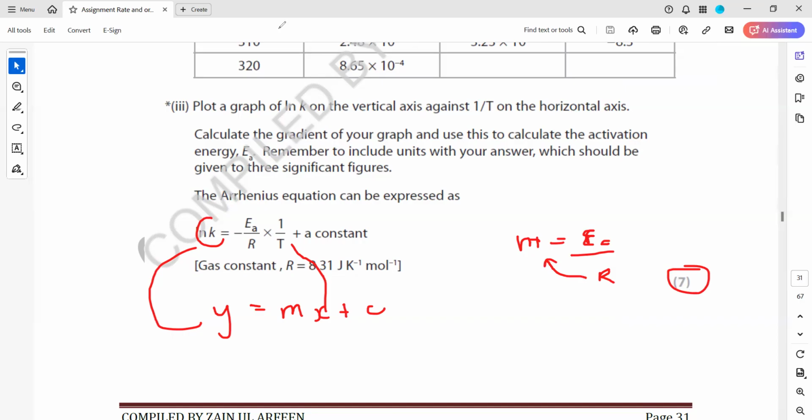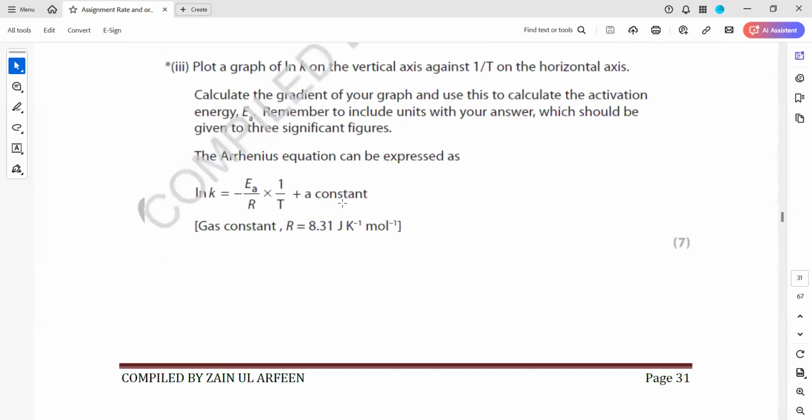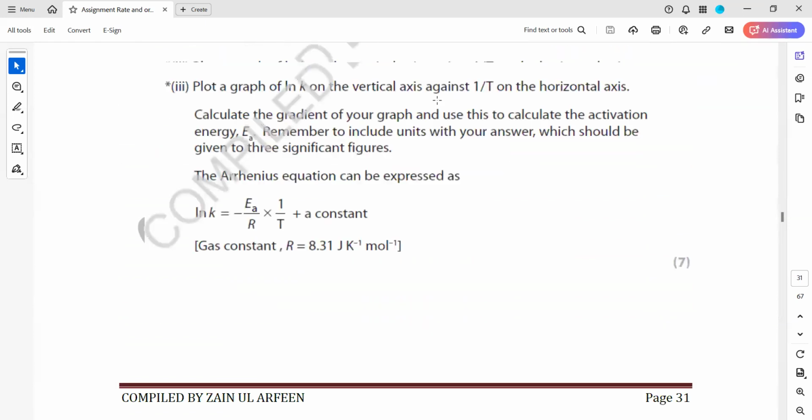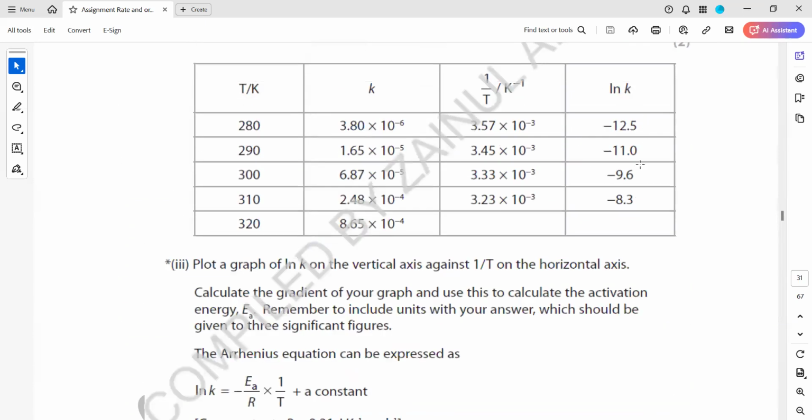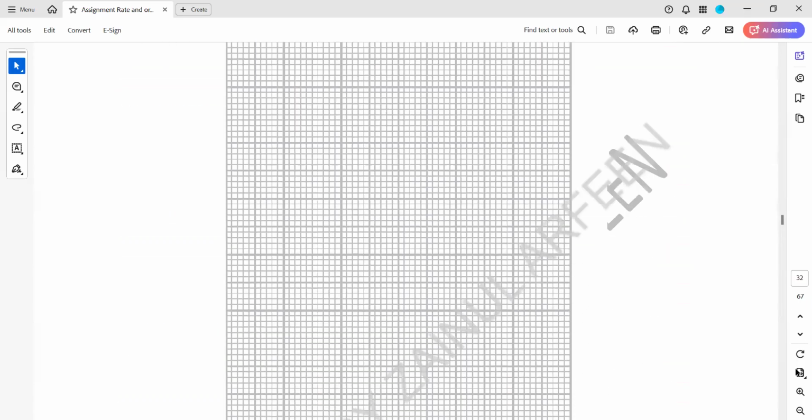On the next page, you have the grid, and using this grid, you will take 1 over T on the x-axis and ln K on the y-axis. The values of ln K are negative, so you have to take the negative axis only.